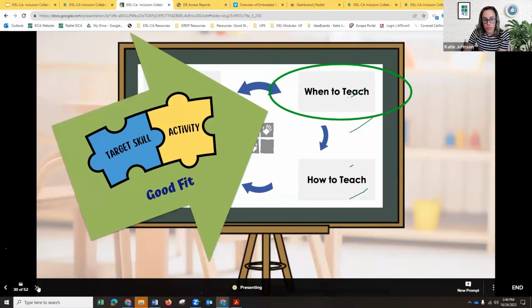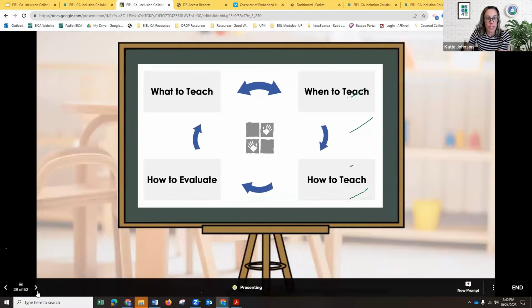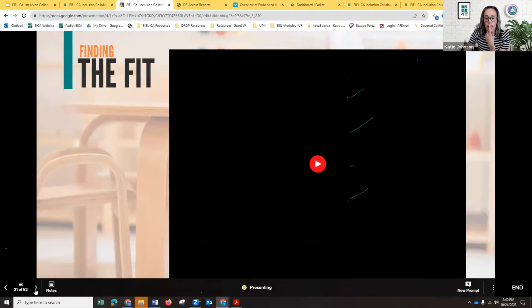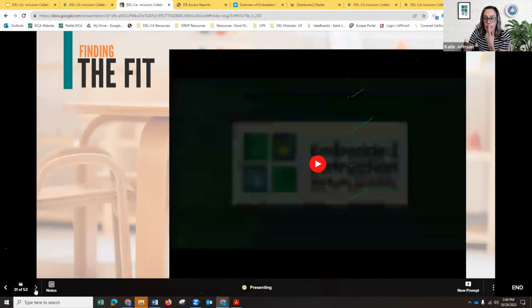Okay. So I want to then talk about, we did what to teach. Okay, now we're going to do when to teach. We've identified that target skill, and we want to think about when the best time to implement that skill would be.